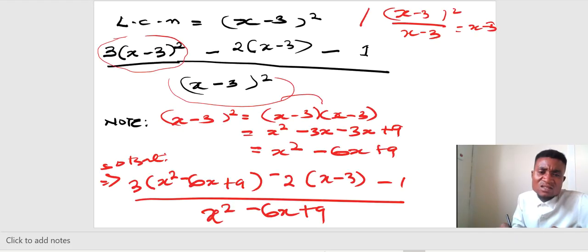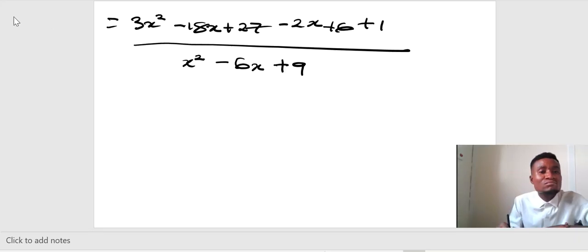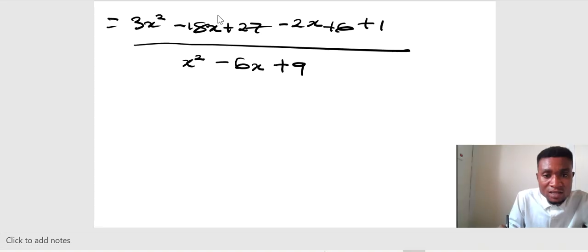Now let's arrange these numbers so that we can have numbers with similar coefficients together. Here you can see minus 18x, and minus 2x here.